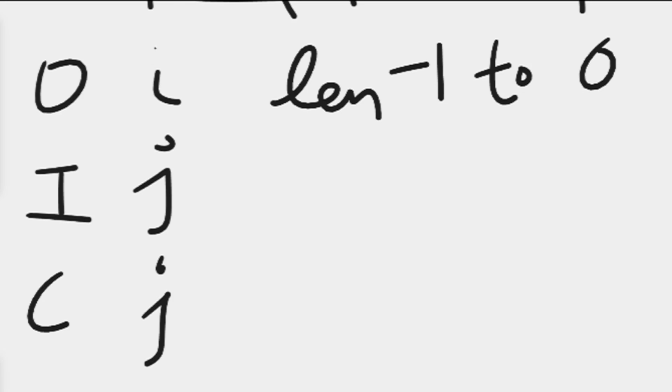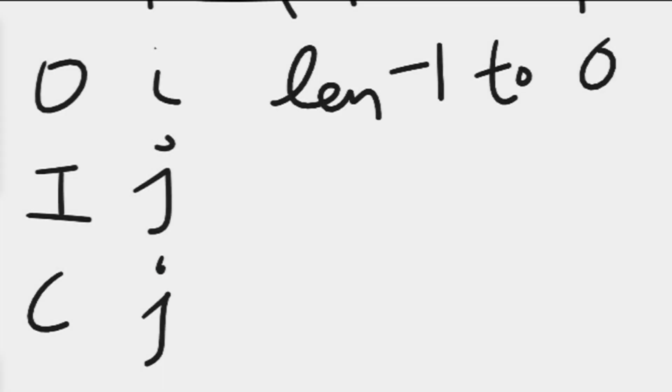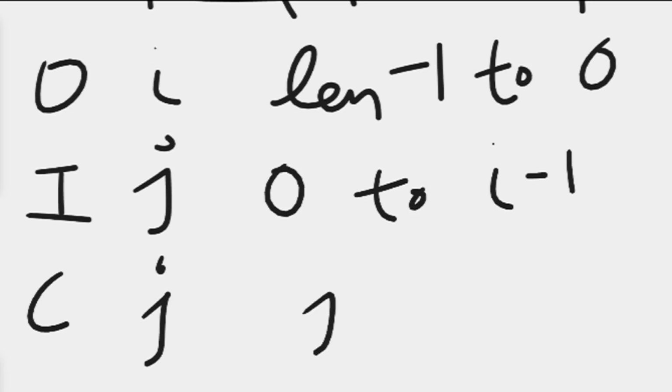Then j is running from 0 to I minus 1. And we are doing comparison check between j and j plus 1. So here we are going to tweak a little bit in the inner loop and the comparison check.